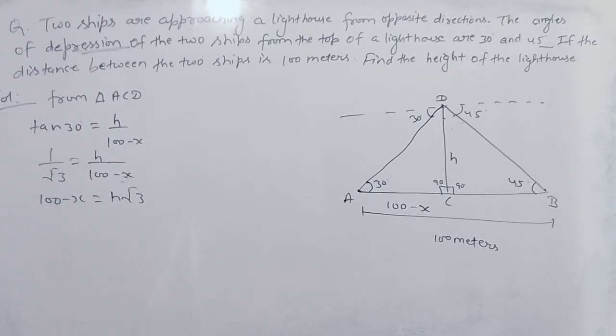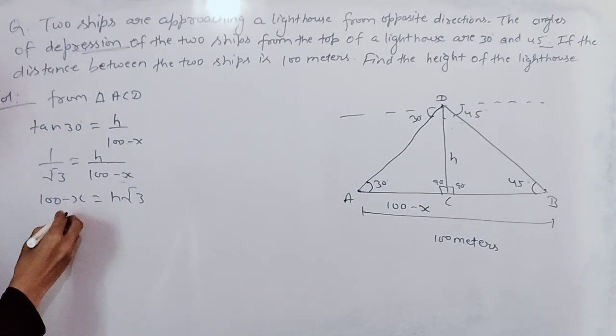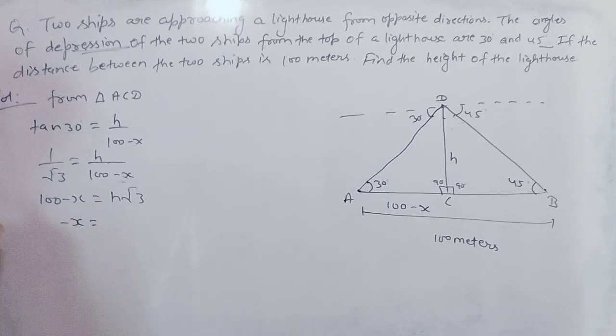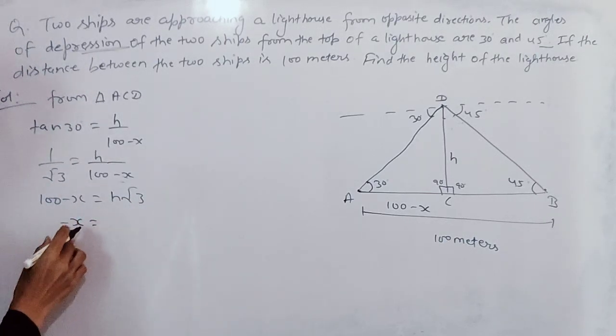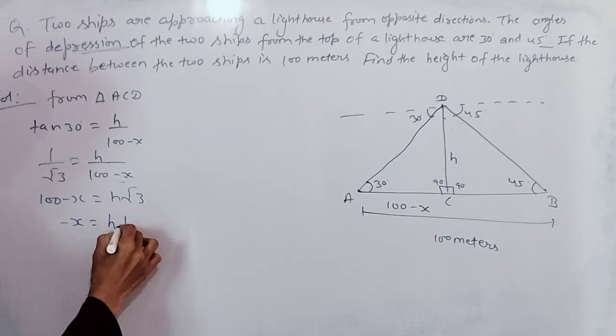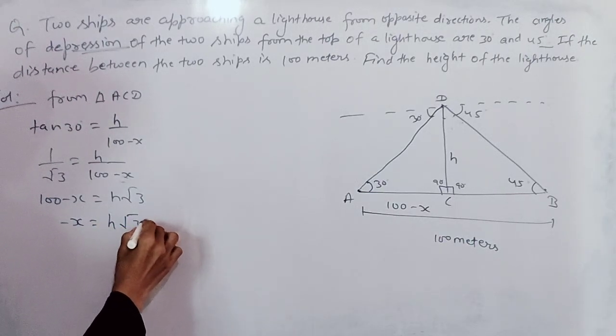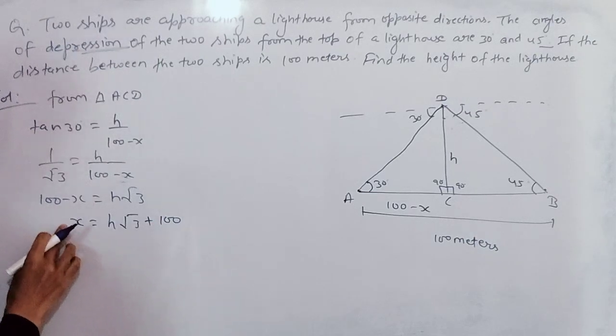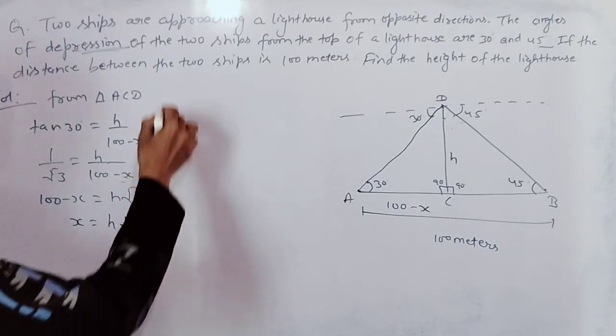Till here, are you clear? So x equals h root 3 minus 100. If you take this, let's see what happens.